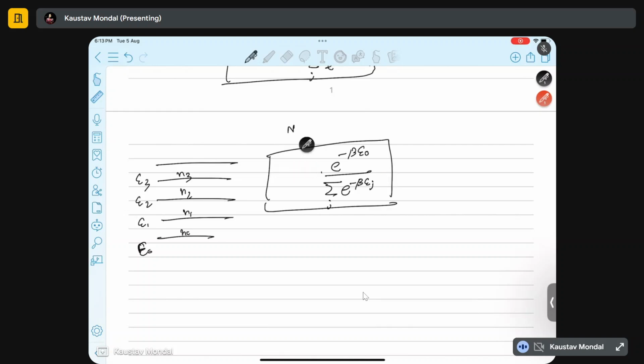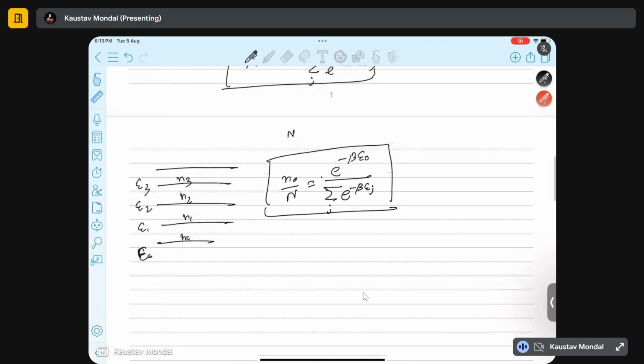So this would be N0 by N, the distribution of the particles in N0. Similarly, N1 by N would be e to the power minus beta energy 1 divided by the same summation.